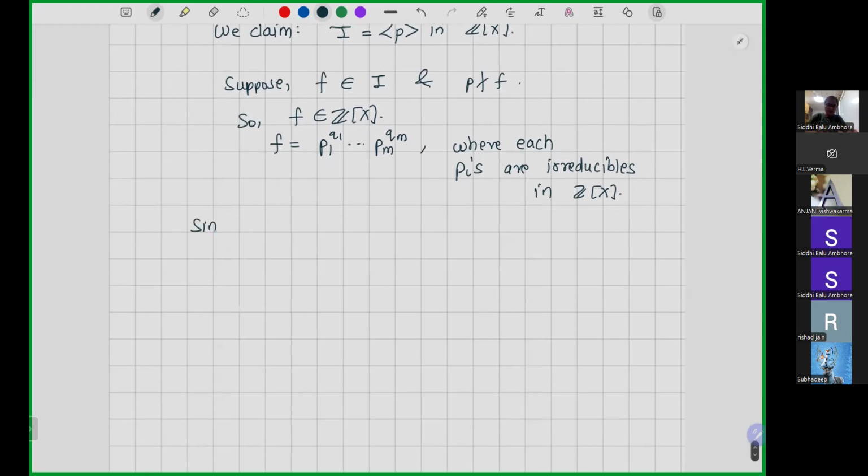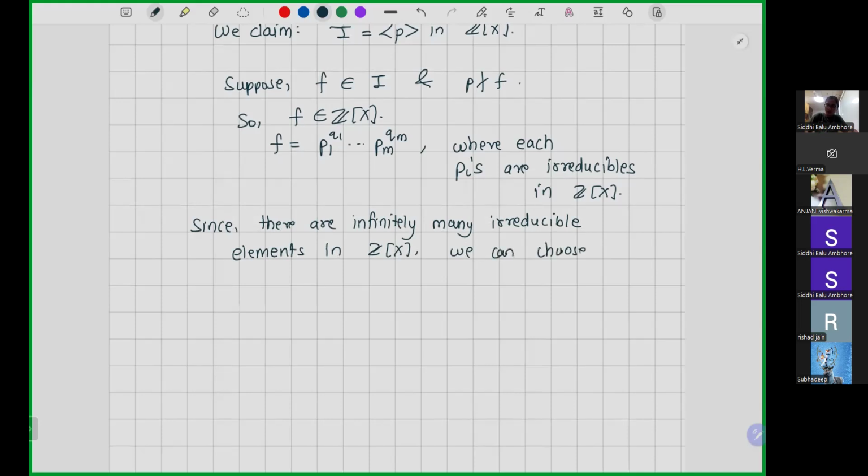And since there are infinitely many irreducible elements in ZX, we can choose Q in ZX such that this Q is not equal to Pi for any i, 1 less than or equal to i less than or equal to M. So these are the M many Pi's, I'm talking about those.